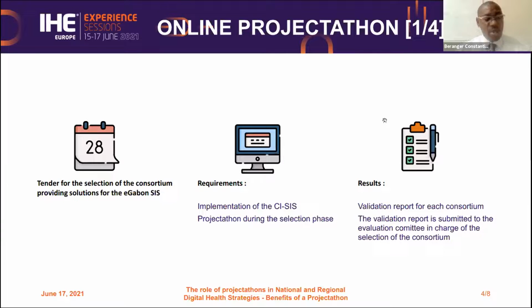Following the interoperability framework that we defined with the technical support of IHE services, we thought it was useful to ensure that the consortium that responded to the call for tenders offered us solutions that respect our national interoperability framework.